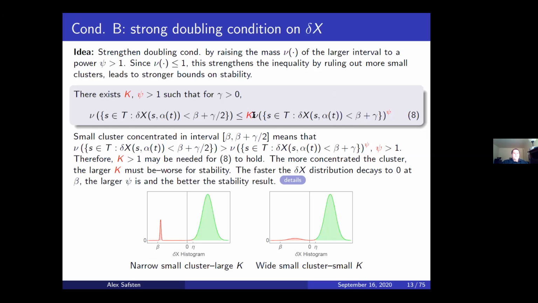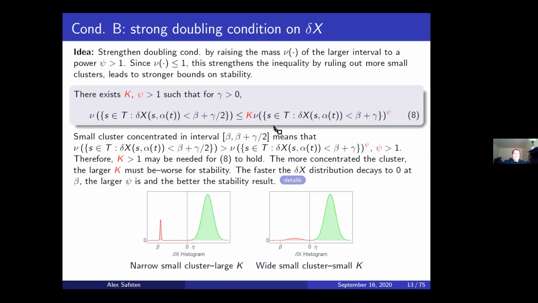In fact, it might mean that the right-hand side, without this k, the mass on the right-hand side raised to the power of psi is less than the mass on the left-hand side, even though the interval is bigger because of the power of psi. So it might be necessary for k to be bigger than 1.